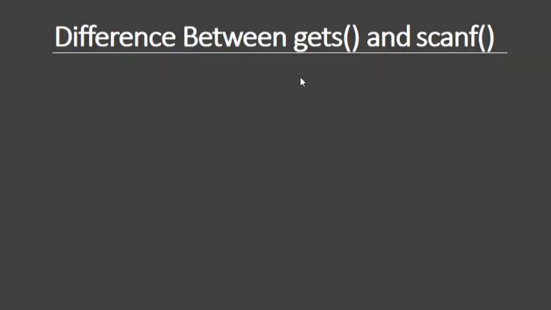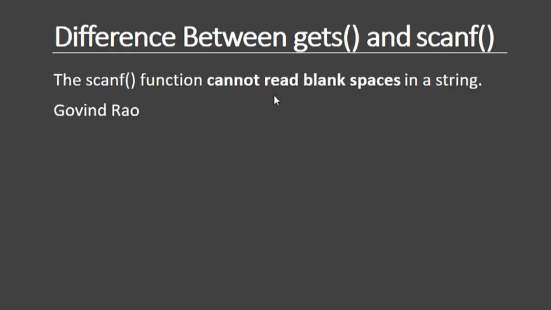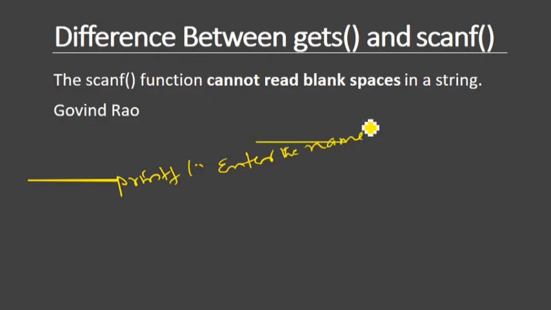And the difference between gets function and scanf function. The scanf function cannot read blank spaces in a string. For example, I'm writing printf "enter the name", and scanf with percent s comma ampersand name.